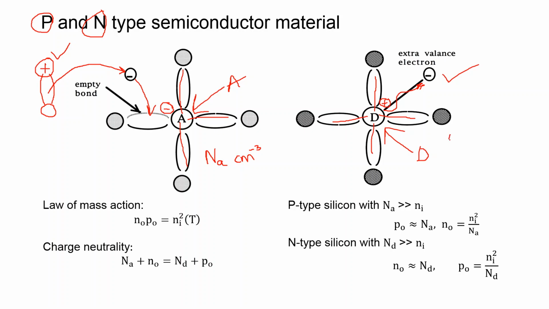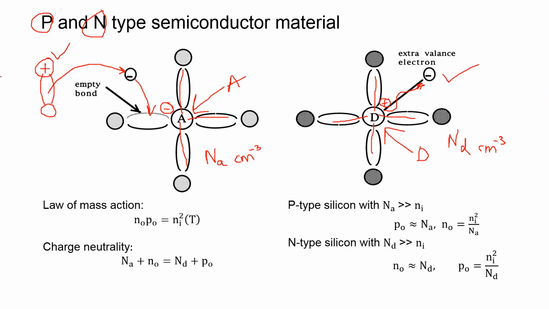Similarly, if Nd number of donor atoms are added per centimeter cube, that means Nd number of electrons are generated per centimeter cube.